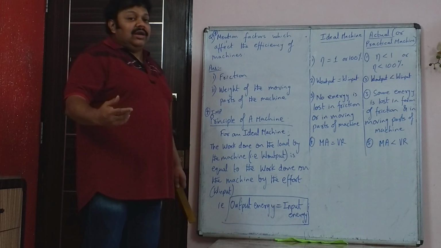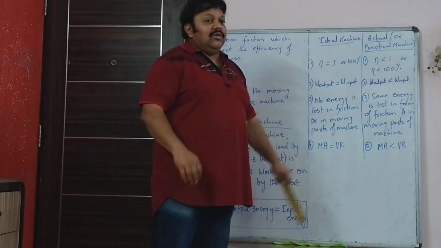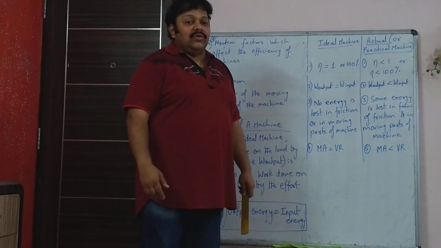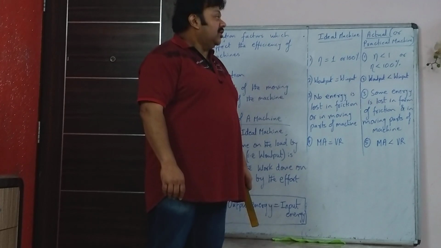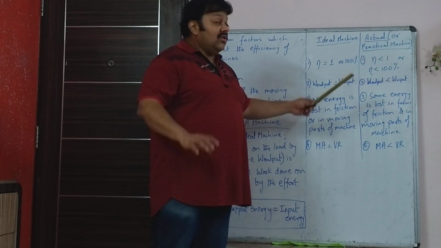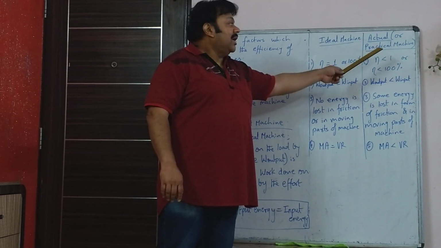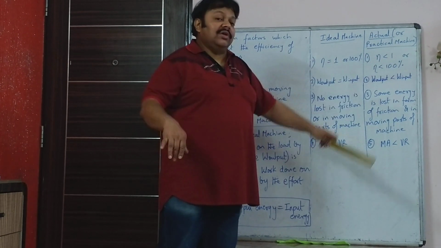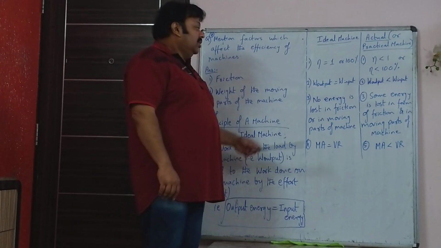Now what's the ideal machine and what's the actual or practical machine? In an ideal machine, we are taking work output equal to work input. So we say efficiency is 1 or 100%. This is not practically possible for any machine. Whereas in an actual or practical machine, we say that efficiency is less than 1 or less than 100%.